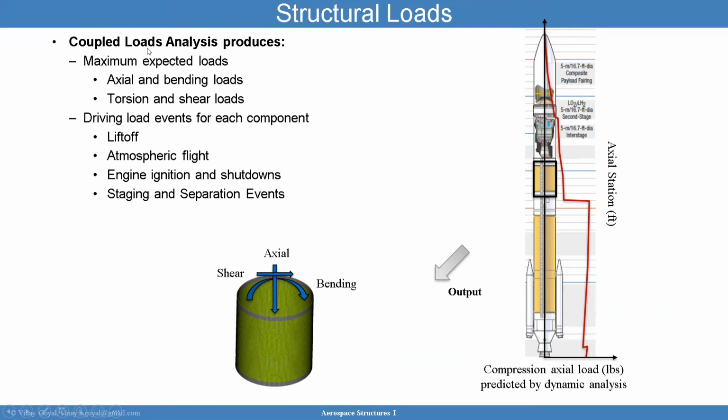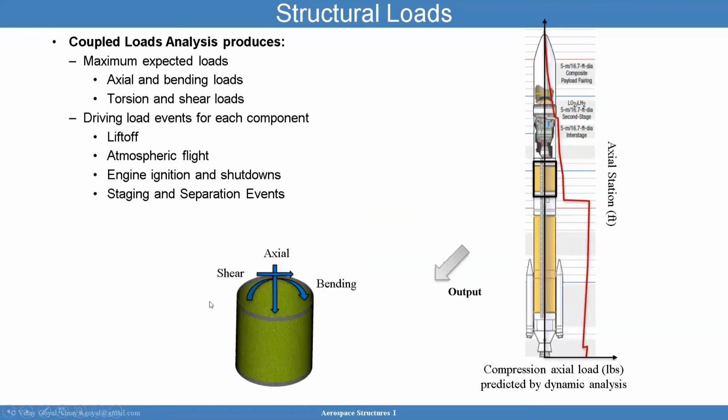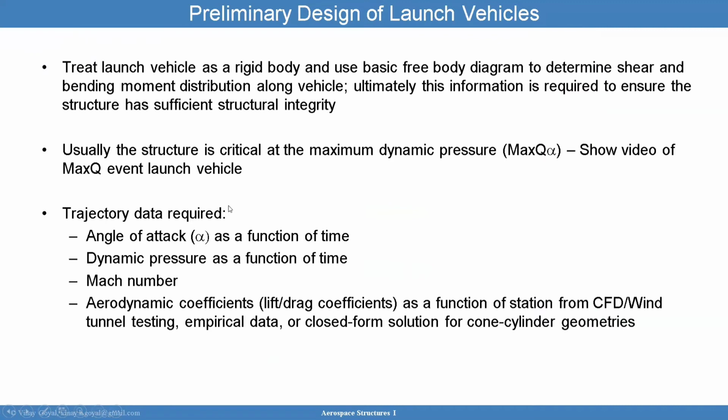So when you run this coupled loads analysis, which is a dynamic analysis, that dynamic analysis will then produce at different stations an axial, shear, and bending moment. For example, here is the compression axial load predicted by the dynamic analysis, and you will have the bending loads and the axial load at different stations, and that information is used to then inform the structural testing or analysis that needs to be performed.